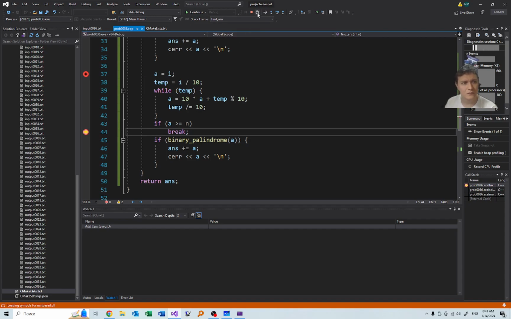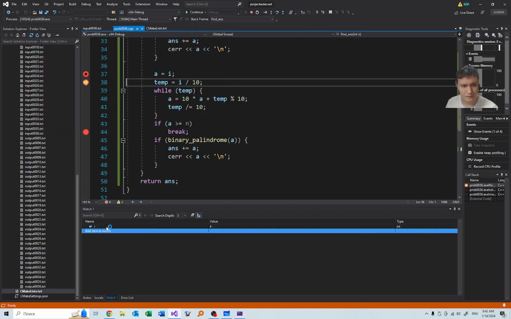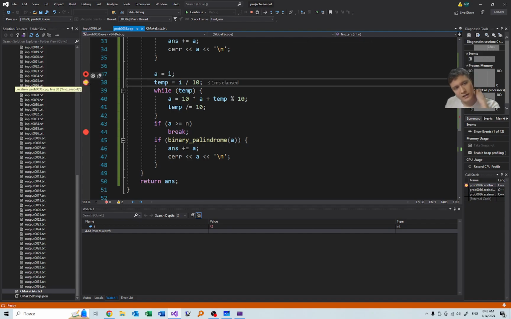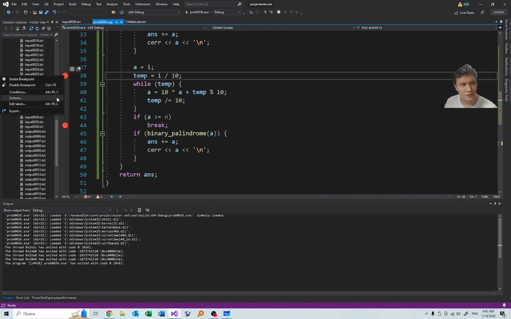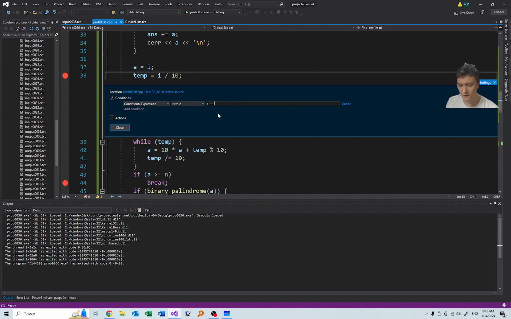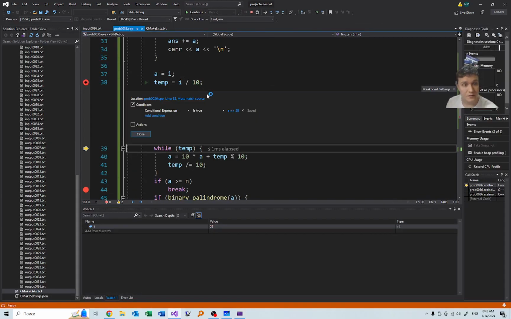Why didn't it stop? I should make the condition here. Okay. I should have done it here. Condition a equals 58. Okay, now it works.